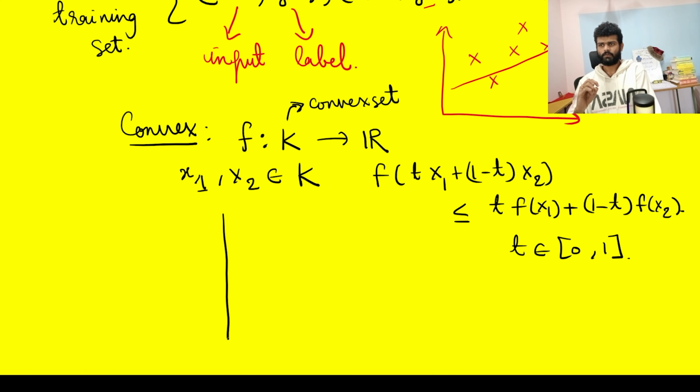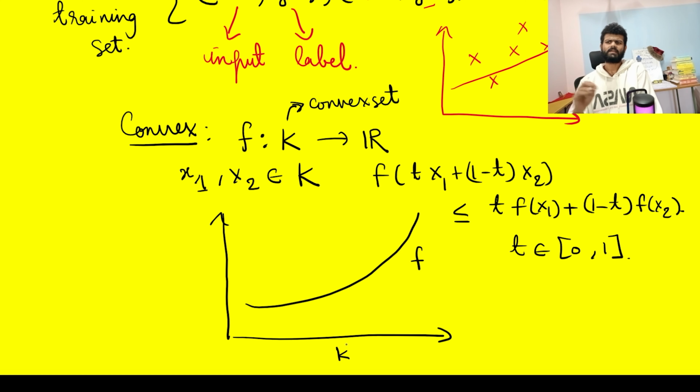So if you have a function f, let's say your k is along the real line, and you take 2 points, x1 and x2, on the x-axis, and this corresponds to f(x1), this is f(x2).